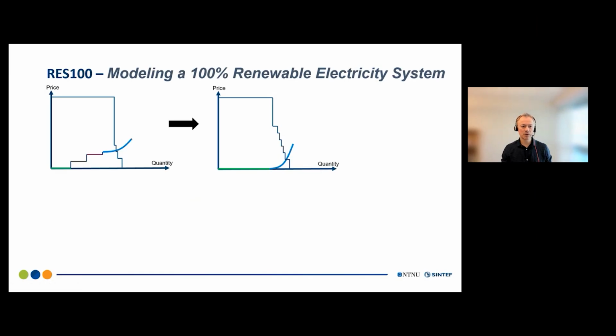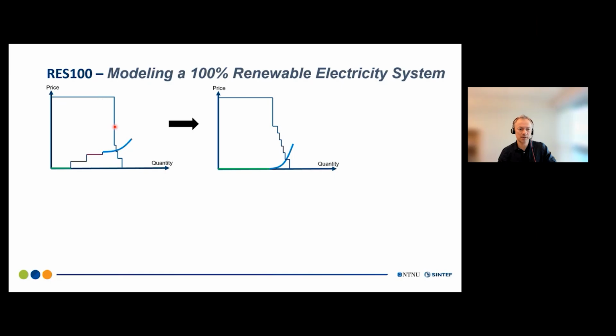I assume that some of you are familiar with the market cross, where you have supply meeting demand, and in this figure I try to illustrate the typical market cross, where you have this demand curve.